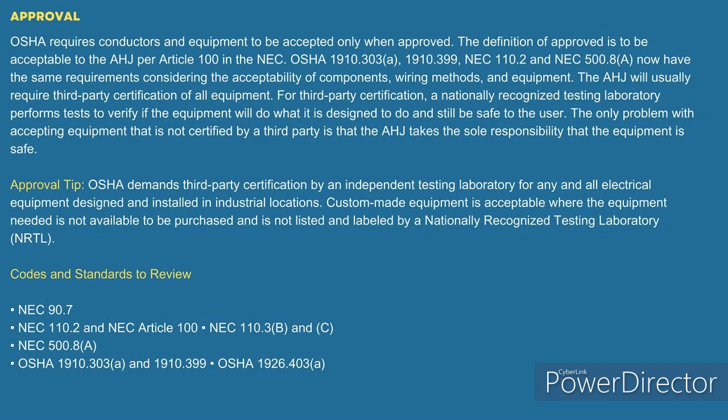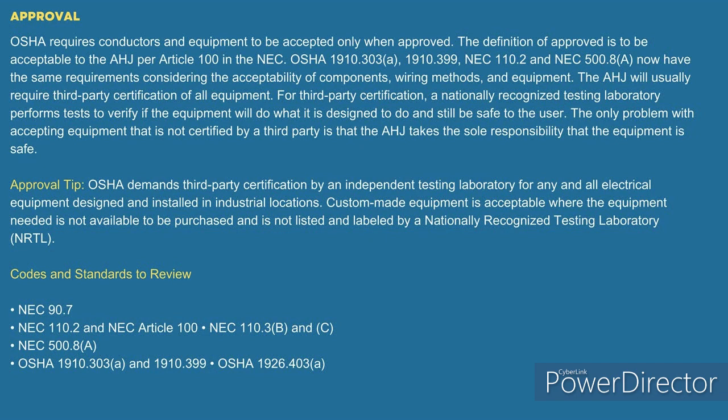Okay. Now, this is where you get into approval. Now, watch this. OSHA requires. I'm sticking with OSHA because the National Electrical Code does not recognize where you deal with third party and all that. All it talks about is listed and labeled. But OSHA does recognize the listing and labeling and then getting into third party certifications and using the UL 508 shop.